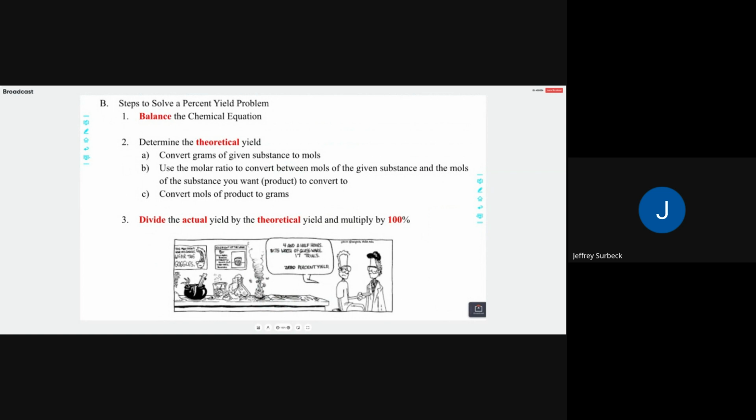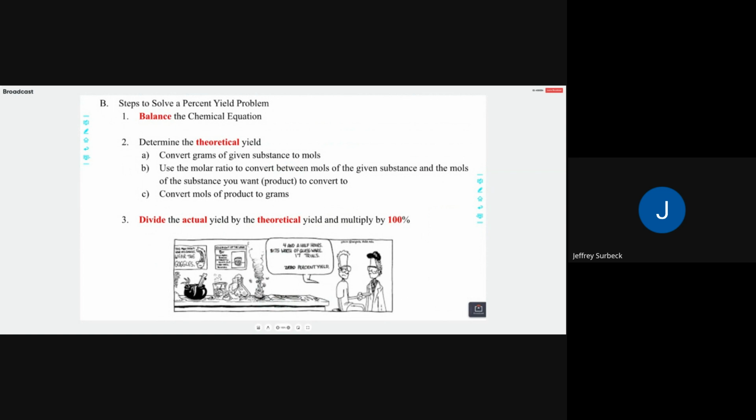Then we're going to determine the theoretical yield, okay? Sometimes you might have to go through that limiting reactant business. Quite often I don't make you do that. I say, hey, you have X grams of some substance and so much stuff in excess, we don't even have to worry about the other reactant. We're going to convert it to that desired product. And once again, we got to read the problem and say, hey, this is what we want, and convert it to that.